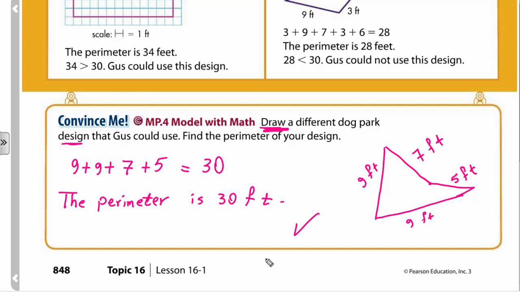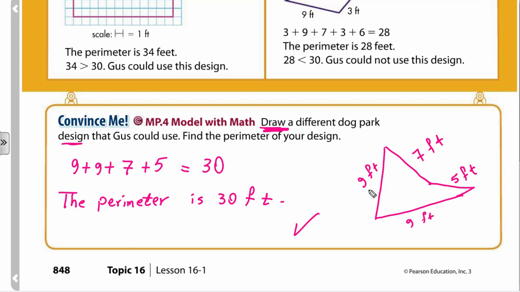I finished. Is there anyone writing? Teacher, could I draw a different design? Of course, Hassan. Do I have to do this design? Yes, you can, but do this because we know that this one is correct.